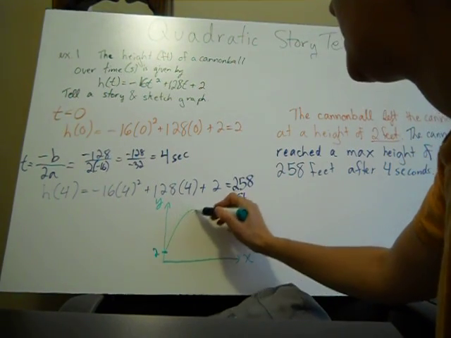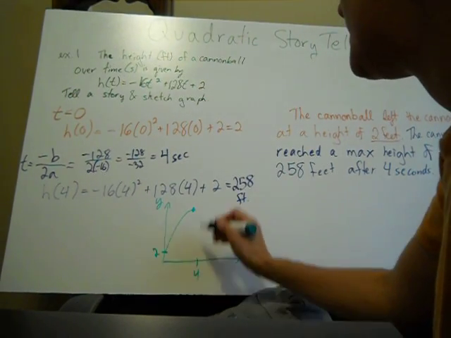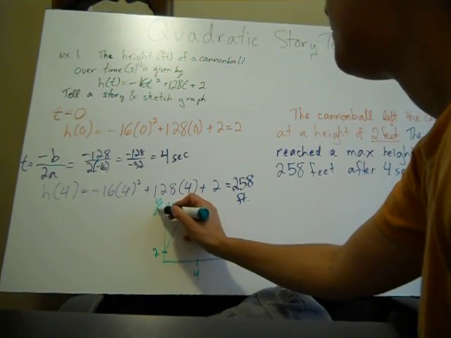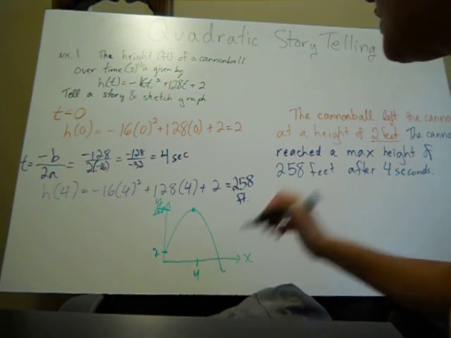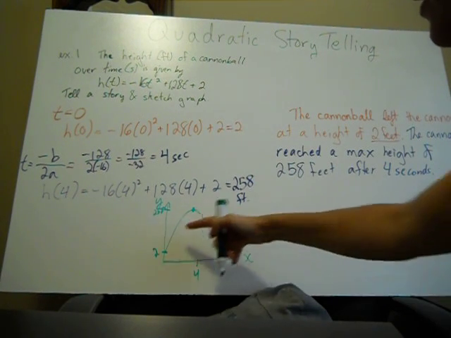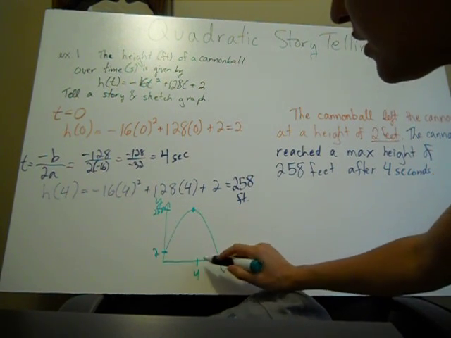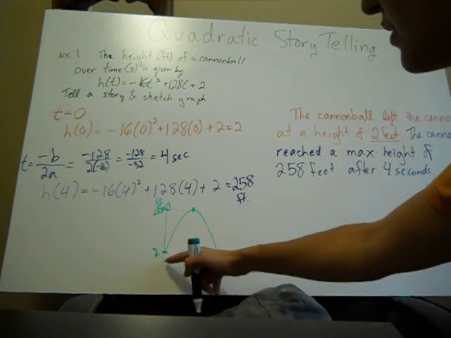It went up and hit a maximum, we'll say that was after 4 seconds, it hit 258 feet. And then it's going to come down, and you can already get the idea that it's going to be somewhere a little maybe over 8, since it started out a little bit higher than 0.